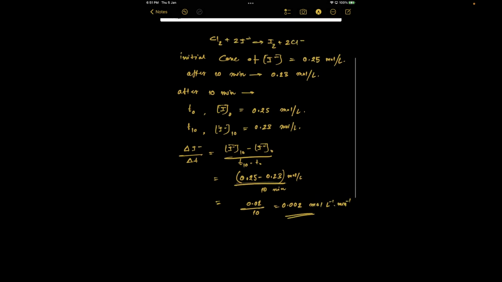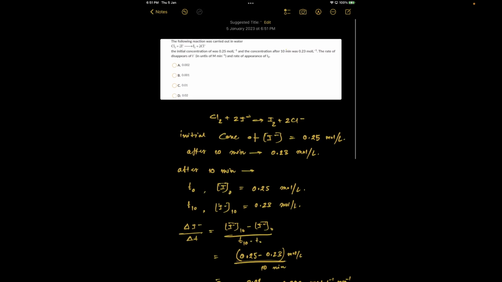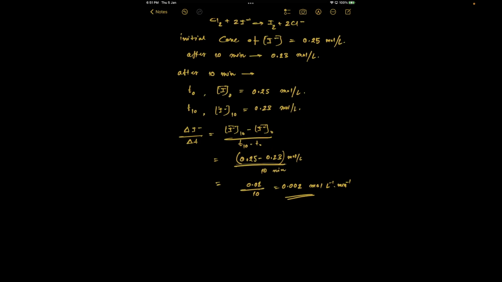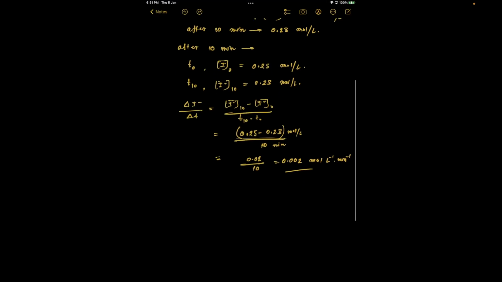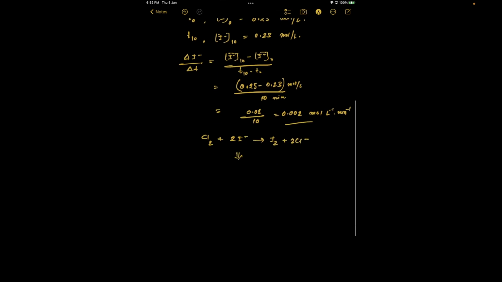Now we have to find the rate of disappearance of I minus and the rate of appearance of I2. Let's write down the chemical reaction again: Cl2 plus 2I minus gives I2 plus 2Cl minus. For this reaction, the rate of disappearance of I minus will be half of d I minus by dt, because 2 is the stoichiometric coefficient of I minus.